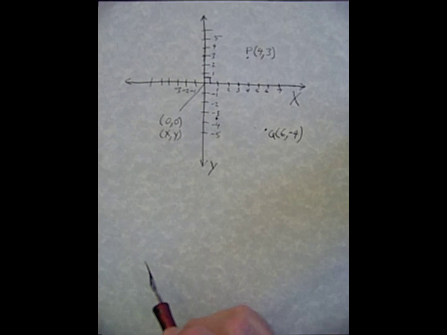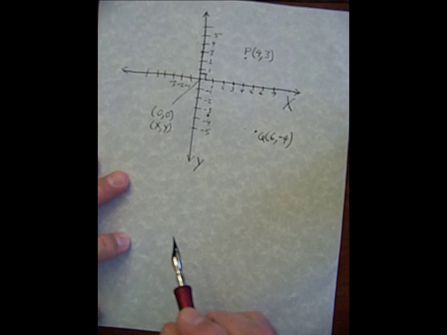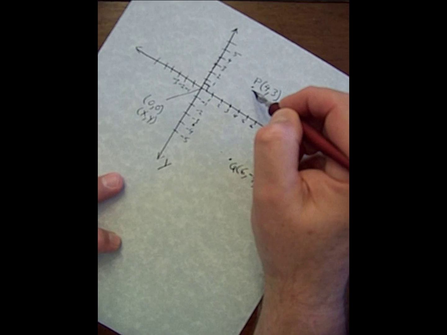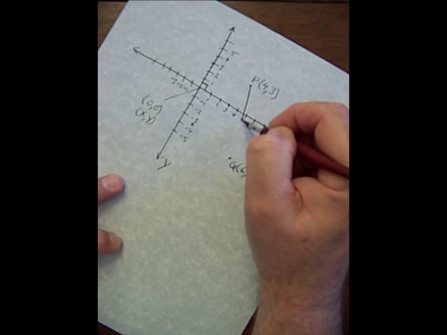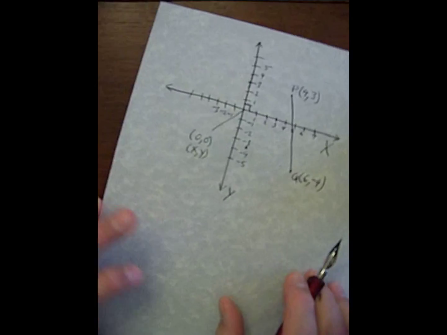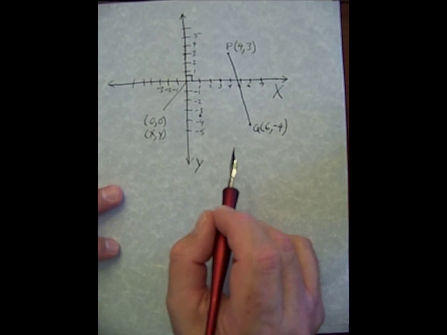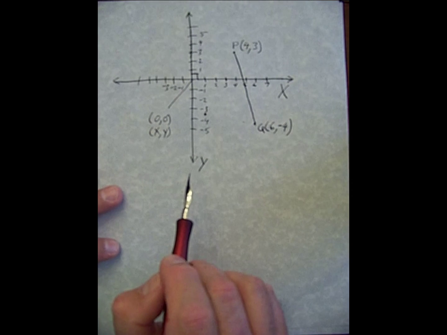And I've got the same question as before. What's the distance between these 2 points? Well, just as before, I'm going to draw a line. I'm going to attempt to draw a straight line between those 2 points. And now I want to figure out what that distance is.